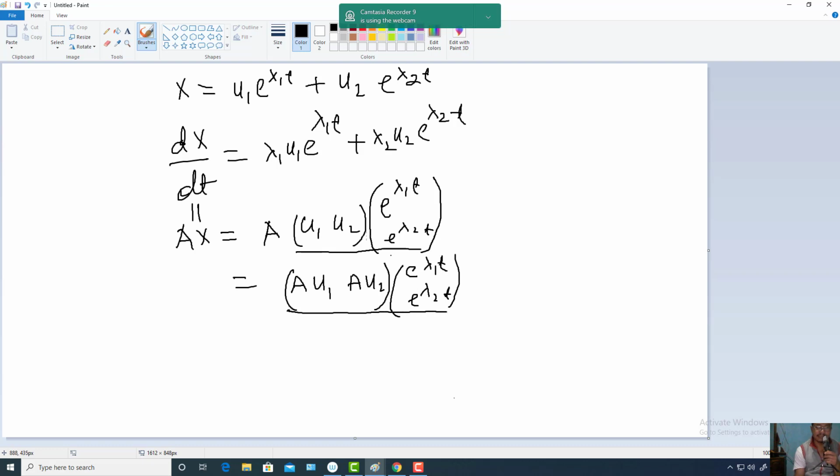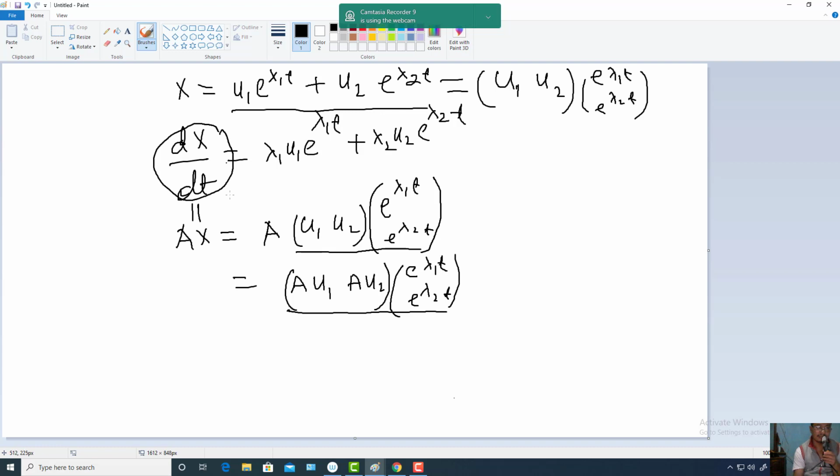That means this expression must be equal to that expression. The dx by dt quantity can be written as the matrix lambda 1 u1, lambda 2 u2, multiplied by e to the power lambda 1 t, e to the power lambda 2 t.